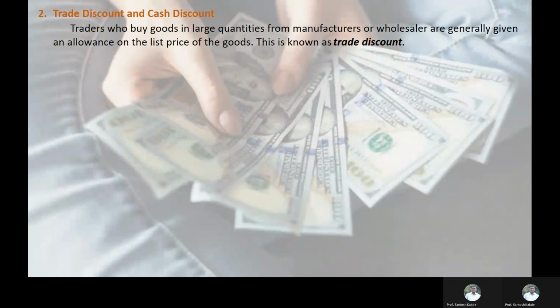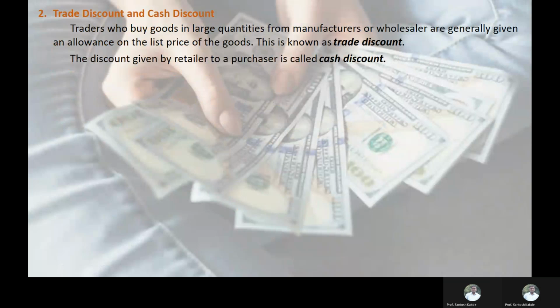So let us see trade discount and cash discount also, and then we will proceed on. So what is trade discount? Traders who buy goods in large quantities from manufacturers or wholesalers are generally given an allowance on the list price of the goods. This is known as trade discount.